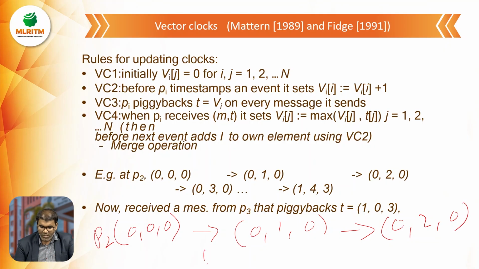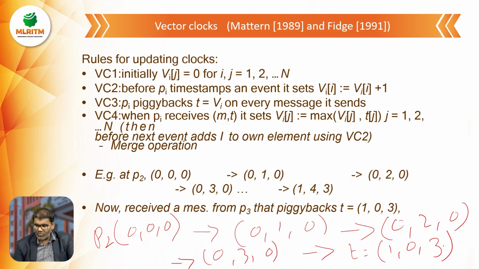Next, the third one, 0 comma 3 comma 0. So in total we are getting the piggyback in the form of t = 1 comma 0 comma 3. Like this we are receiving the message.